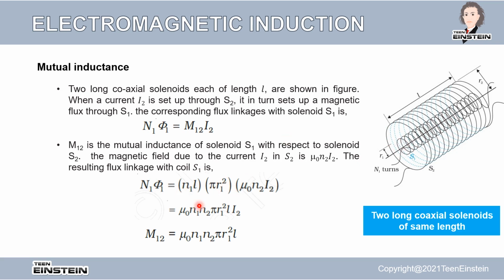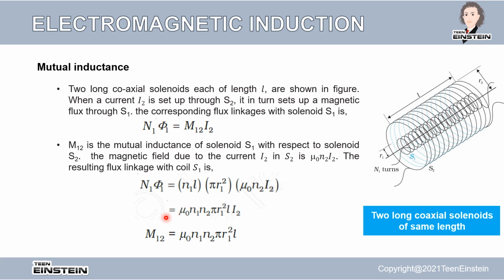And B is given by this. What is the B that is inside the solenoid S1? It is the magnetic field created by S2, which is given by mu0 n2 into I2. So let's simplify and rewrite this equation: mu0 n1 n2 pi r1 squared L into I2.